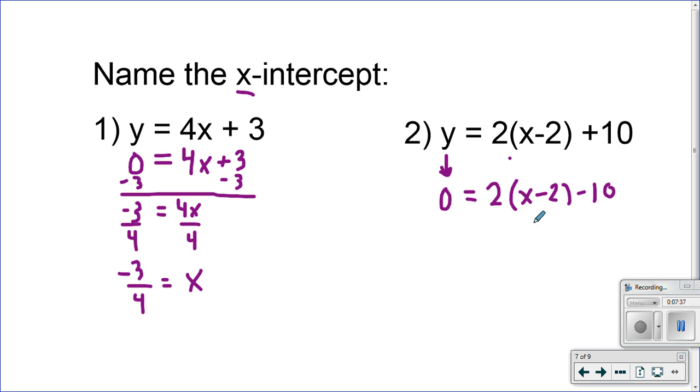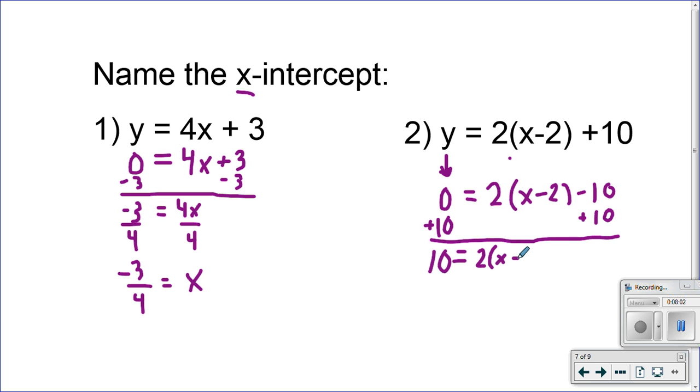Now, since this is in parentheses, I'm going to leave this together, right? So it looks like the last thing that happened here was to subtract 10. So I'm going to undo that by adding 10. If I add 10 to both sides, I end up with 10 equals 2 times x minus 2.